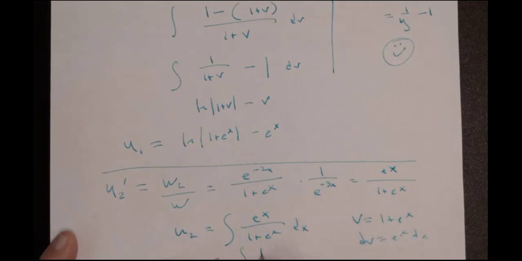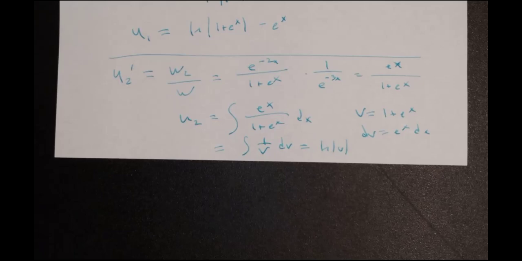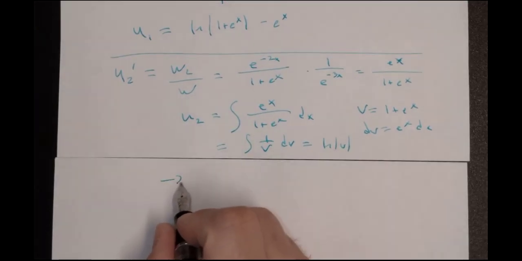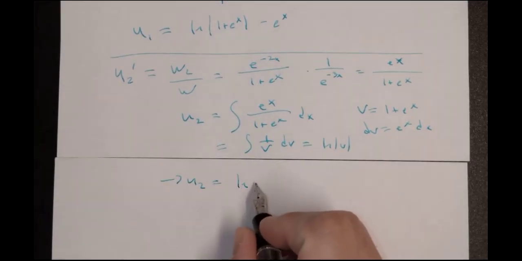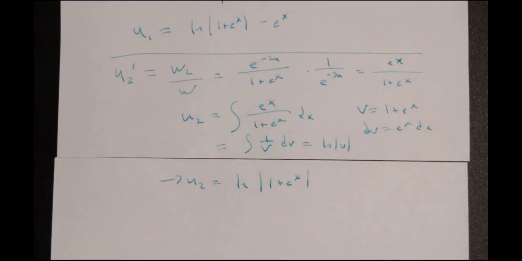And this becomes the integral of 1 over v dv, which is ln of v. So I get U2 is ln of 1 plus e to the x. Whew.